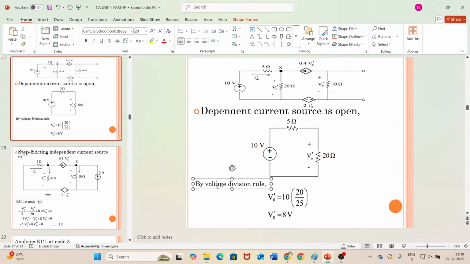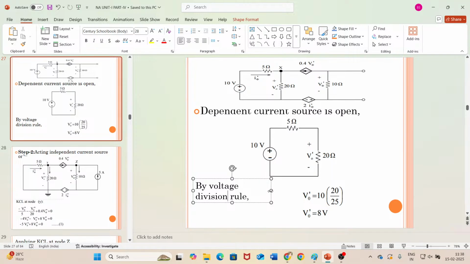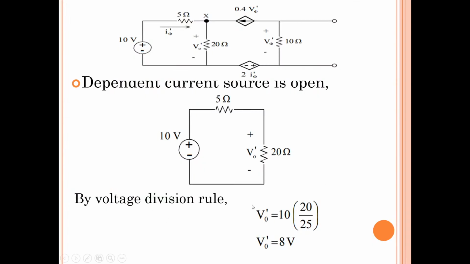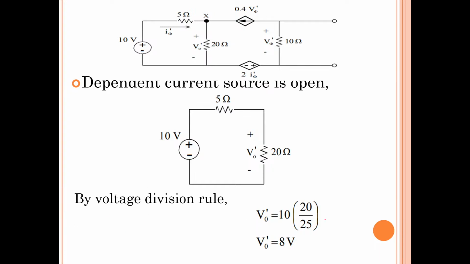So by voltage division rule, what is V naught dash? V naught dash is equal to total voltage. What is total voltage? 10. I will try to write with this pen. So V naught dash is equal to, I will write the formula here, total voltage, 10 volts, into self resistance.